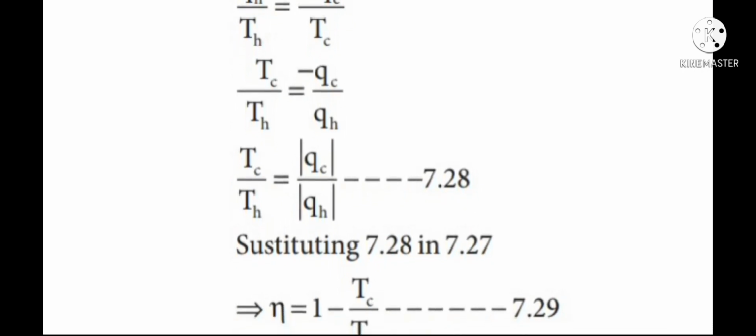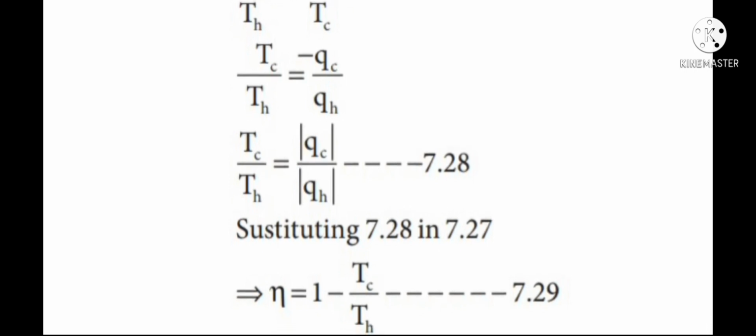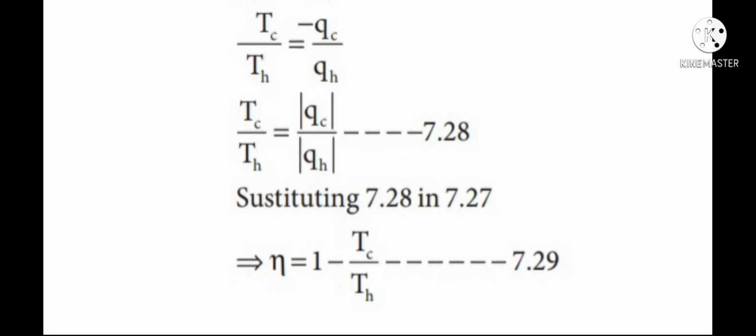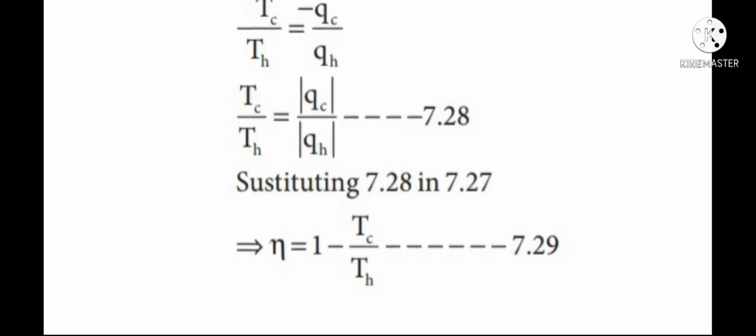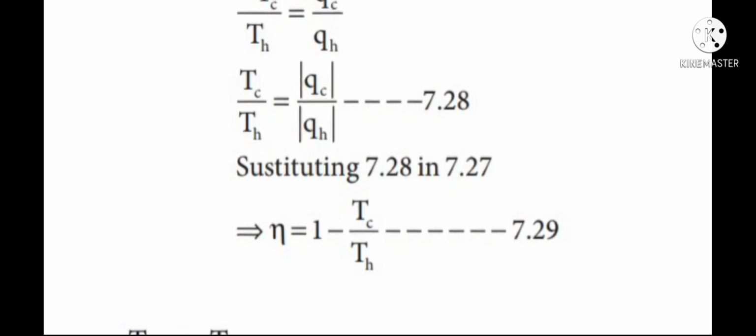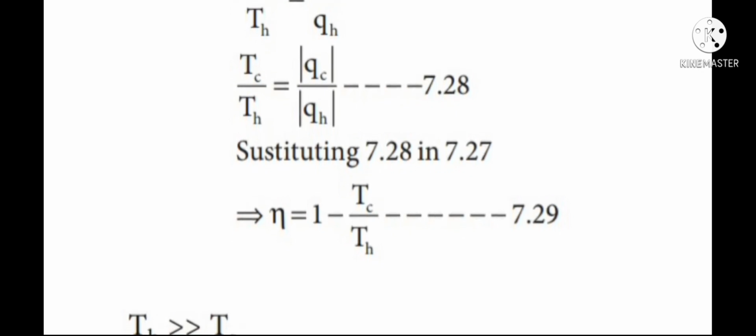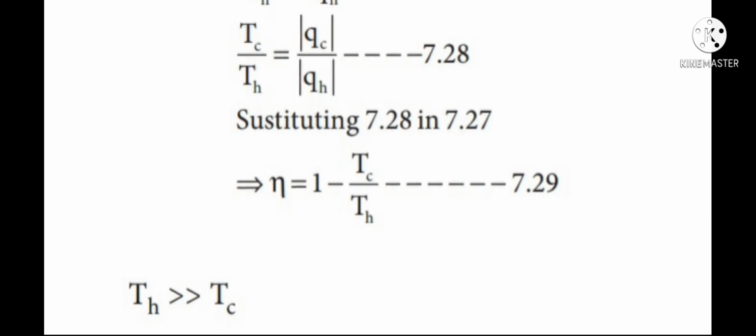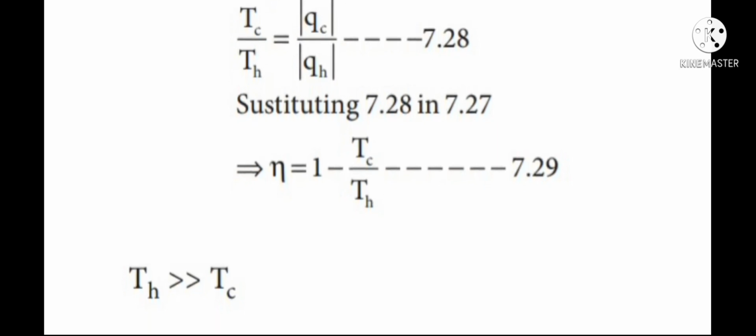It is given by equation 7.28. Substituting equation 7.28 in equation 7.27, we will get eta equal to 1 minus Tc by Th. It is given by equation 7.29.